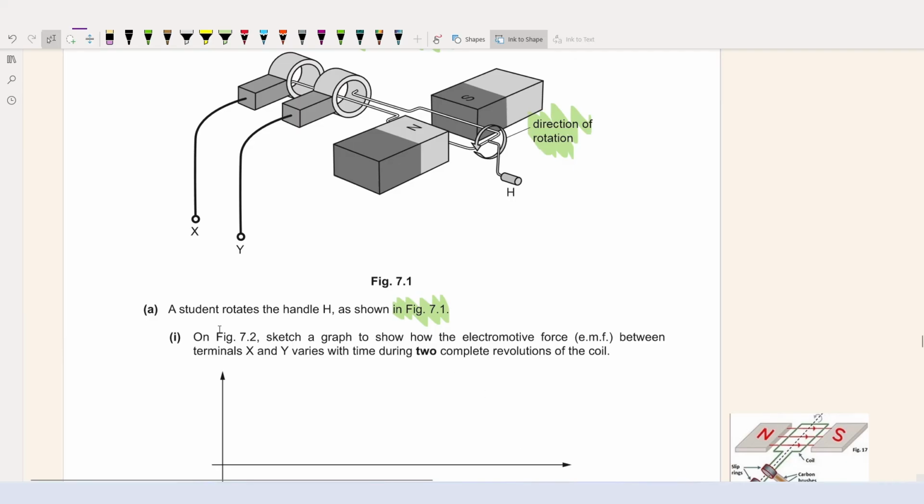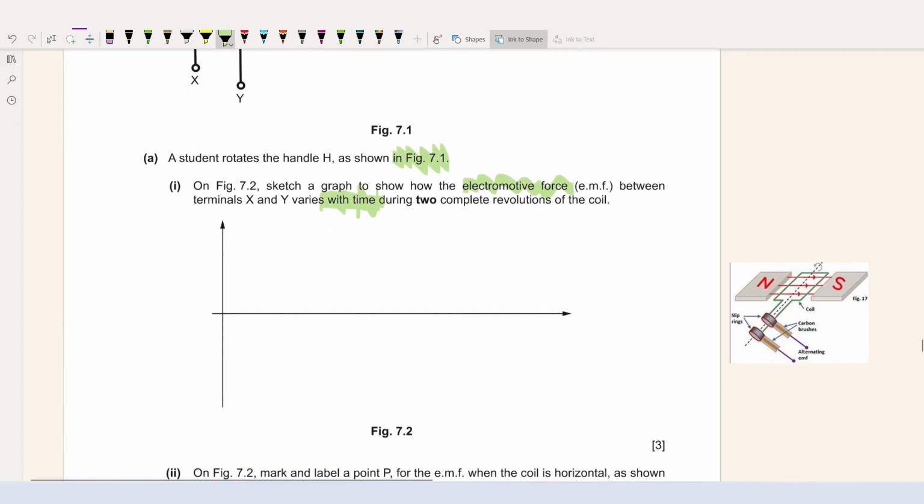On axes 7.2, sketch a graph to show how the electromotive force between terminals X and Y varies with time during two complete revolutions of the coil. So we can see here they have given us Y and X, and we take time on the x axis and EMF on the y axis.